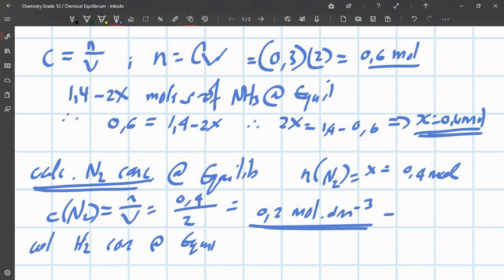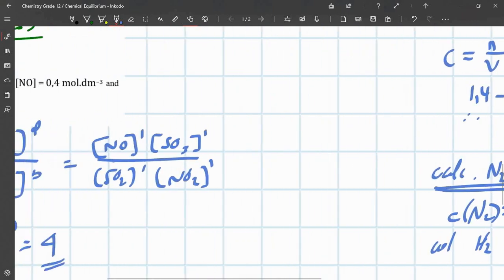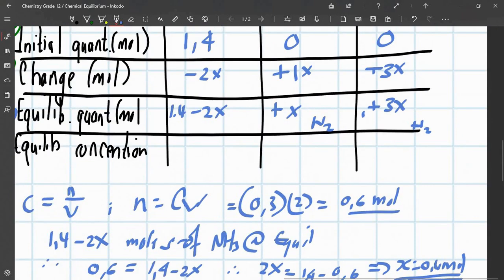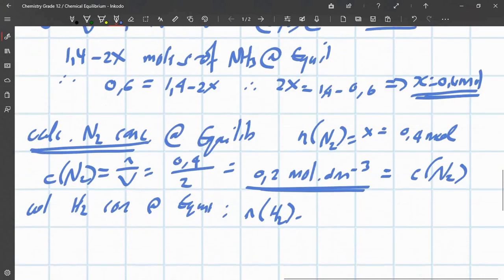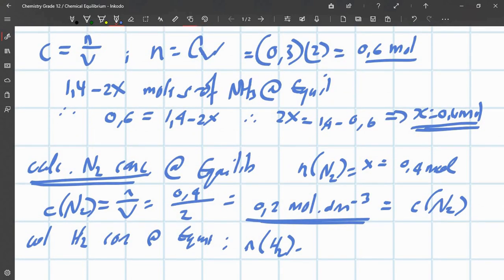The number of moles of hydrogen gas is equal to 3x. From our rice table, we see it's 3x, which we calculate with x as 0.4, and this is going to give you 1.2 mole.